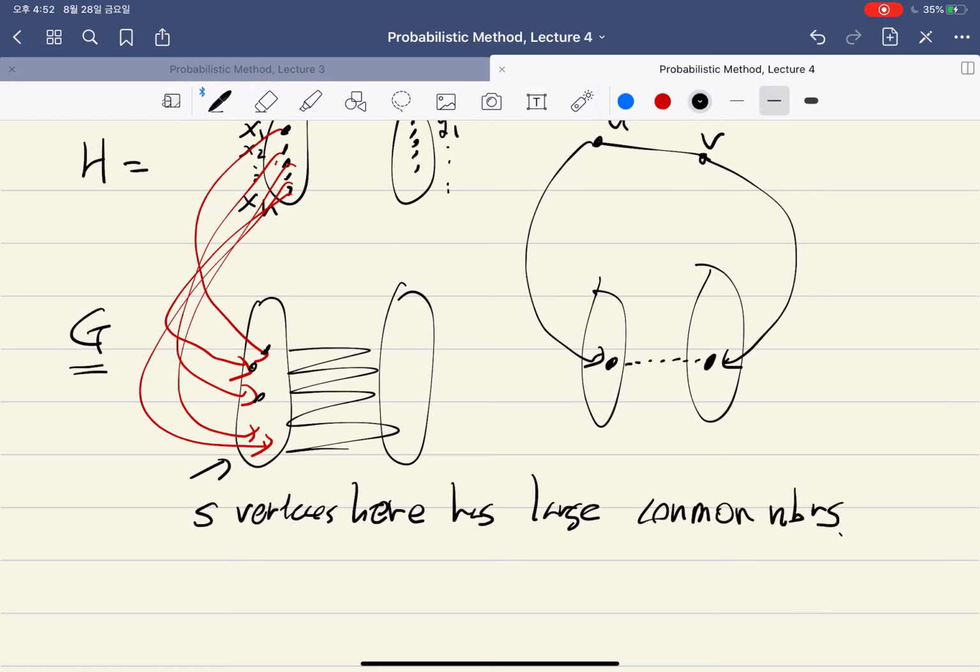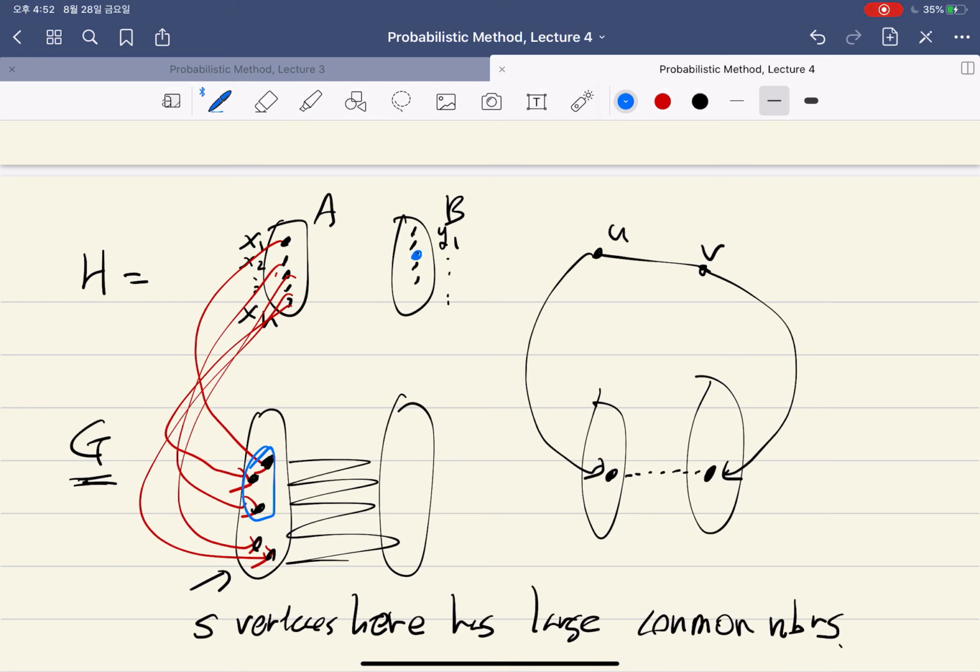So somehow we want to ensure that. These mapped vertices, this image in these vertices in G, let's say we know that these three vertices have a large common neighbor, and then this Y happens to have these three vertices as its neighbors.